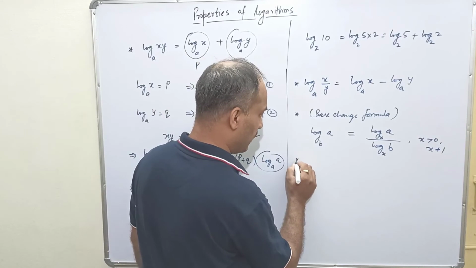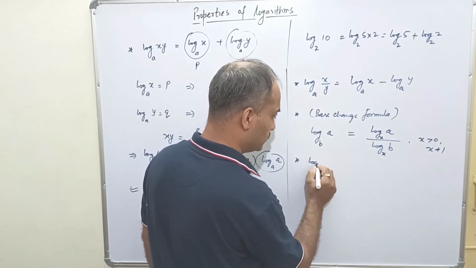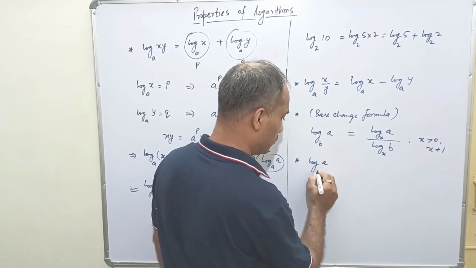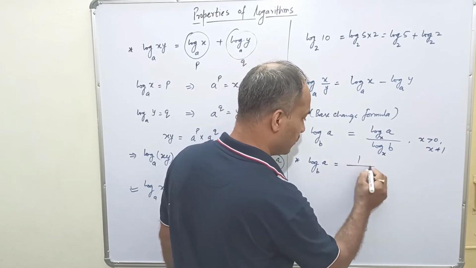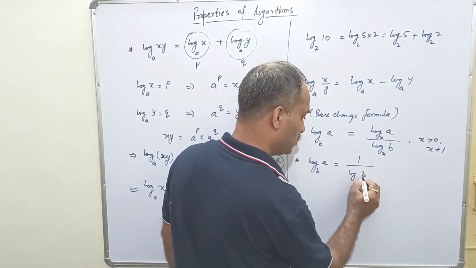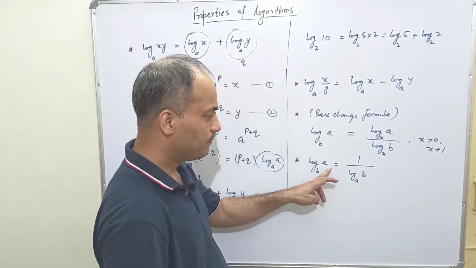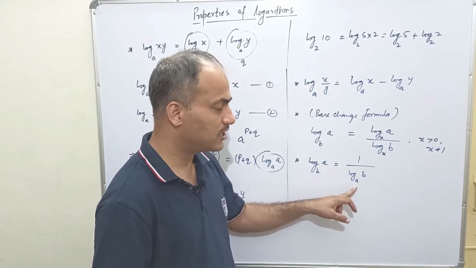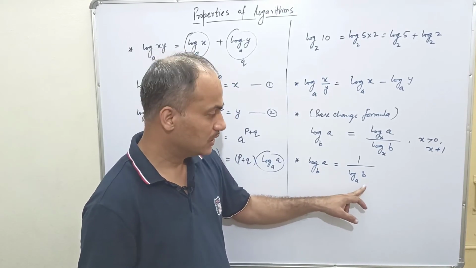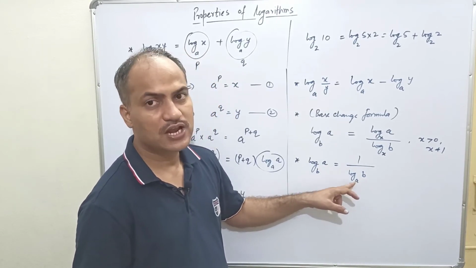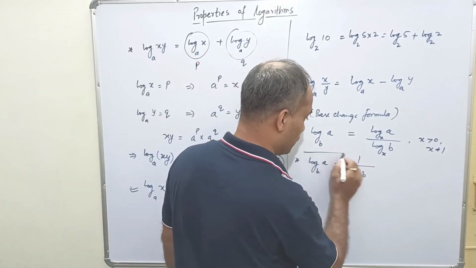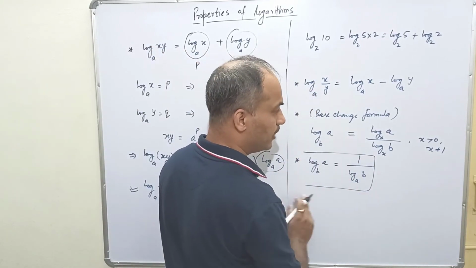Now one more application of that: we can see log of a to the base b can be written as 1 upon log of b to the base a. It means the base and the value can be interchanged if we take the reciprocal. We can understand this from the formula.